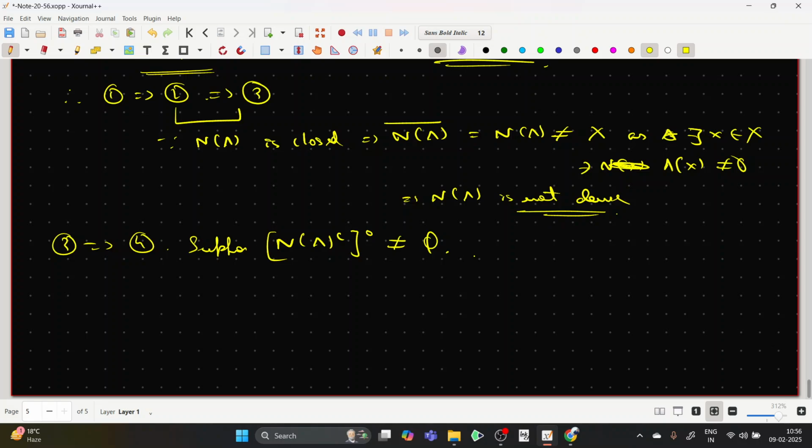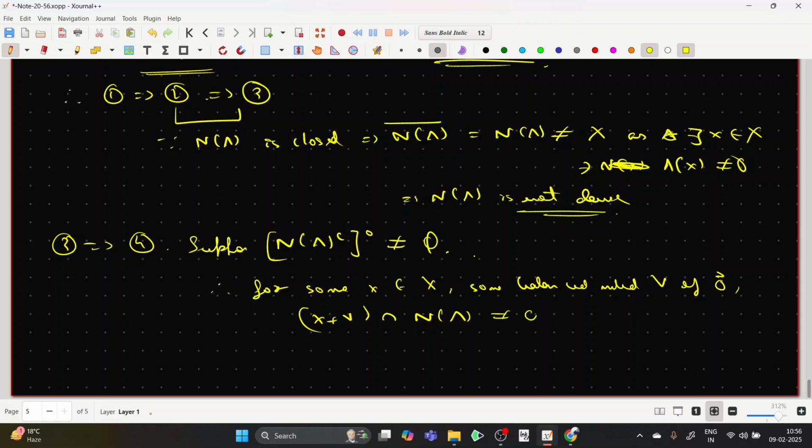Then what can I say from there? Once I have that, I can say that for some x in capital X and some balanced neighborhood V of the origin, x plus V intersection the null space of lambda is empty, right?